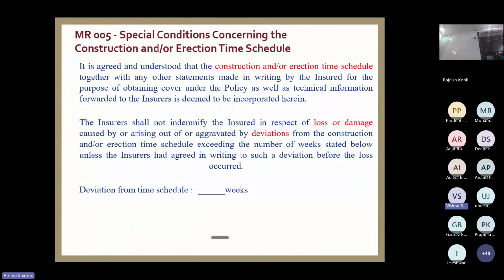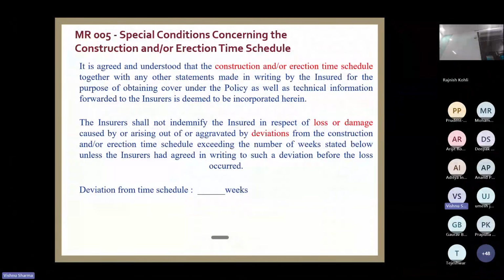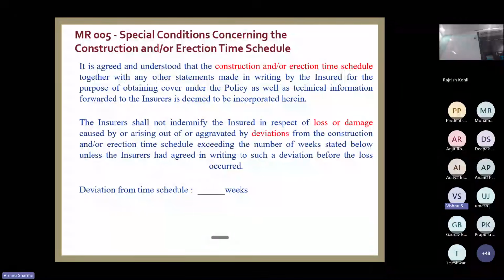That means the contractor is lagging behind the work schedule by more than 4 weeks. If it is within 4 weeks, it's okay. If it is more than 4 weeks, then the claim will be prejudiced. अब उसको reject करें, substandard करें, that is up to the insurance company, but the claim will be prejudiced if this endorsement is attached to the policy.